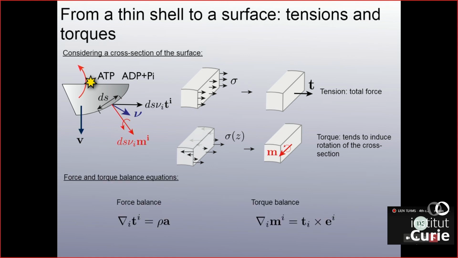Okay, once I have defined these tensions and torques, I have a force balance equation and a torque balance equation, and here I'm at low Reynolds number, so this is the equivalent of the law of Newton with the sum of forces equal to the inertial term, but inertia is negligible in general at the scale of the system I'm showing here.